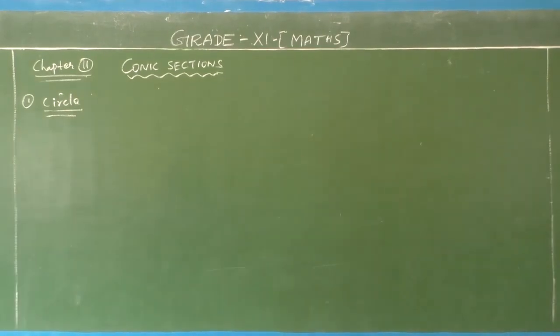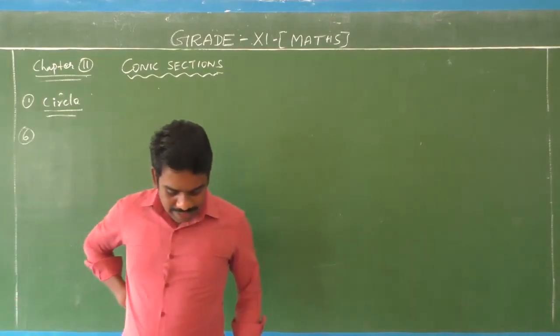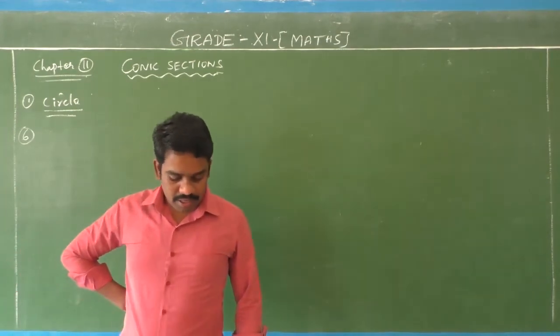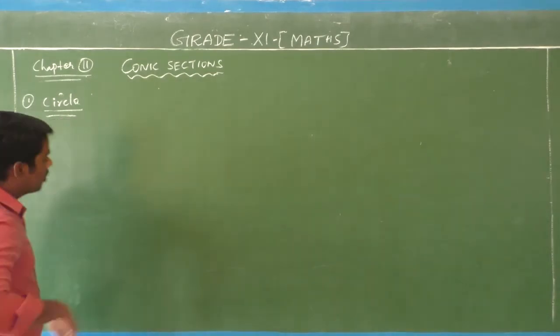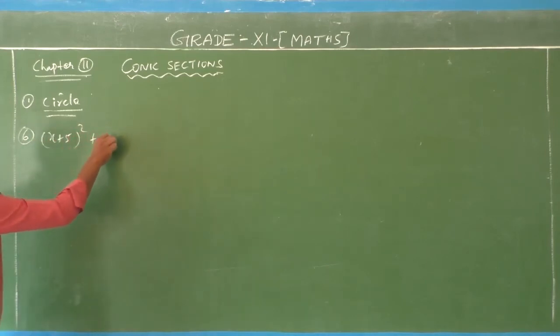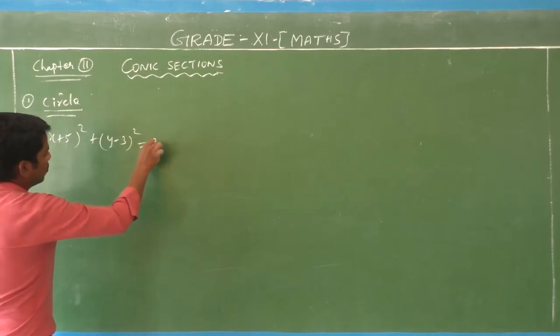Next, question number 6. Find the center and radius of the following given circle. The given equation of the circle is (x plus 5) the whole square plus (y minus 3) the whole square equal to 36.